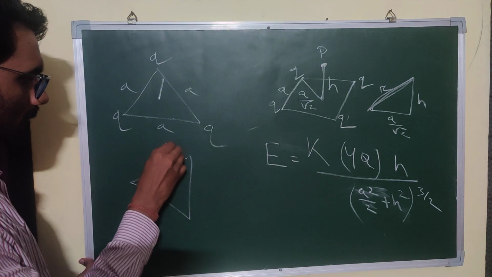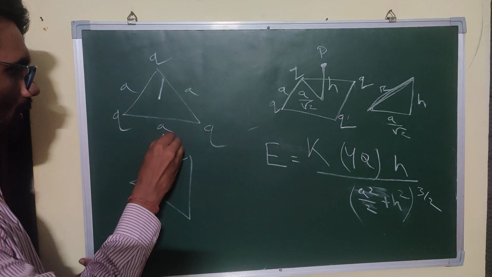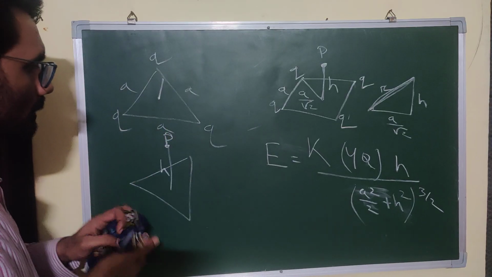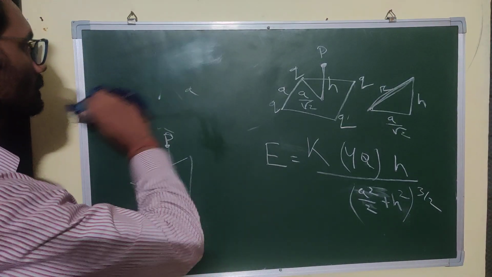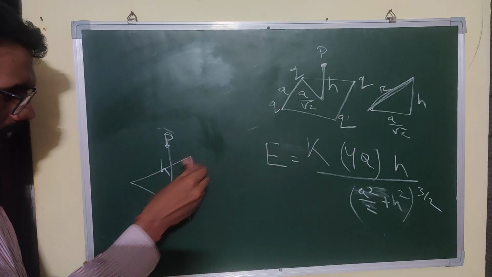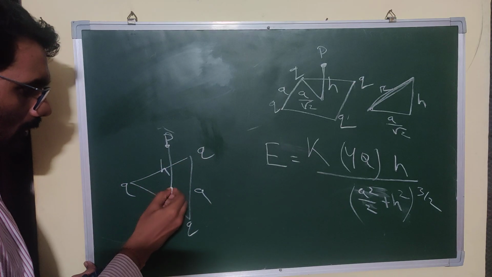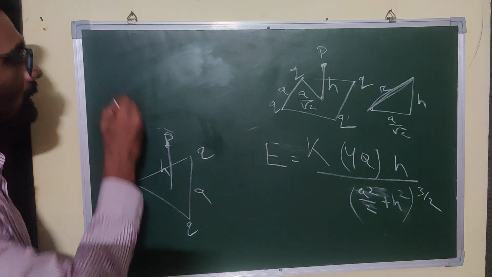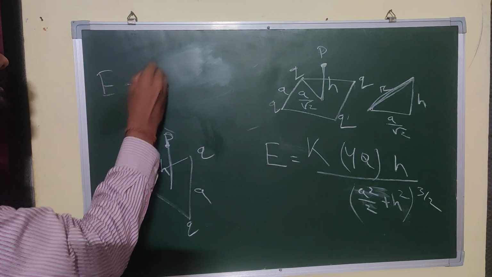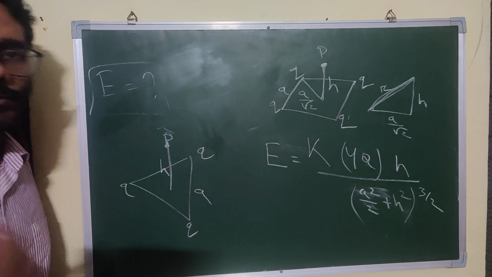This is like this, this is H height from the centroid. This is Q, sides A, and from the center H height. What is the electric field? You find out.